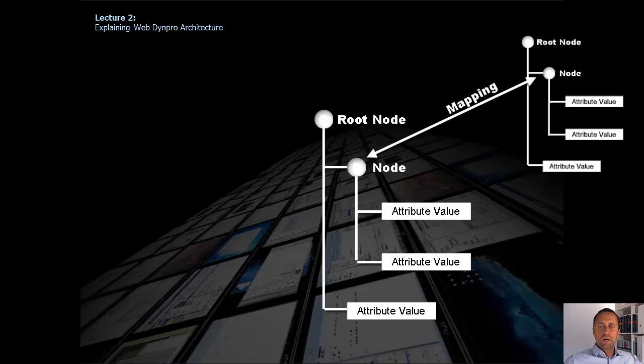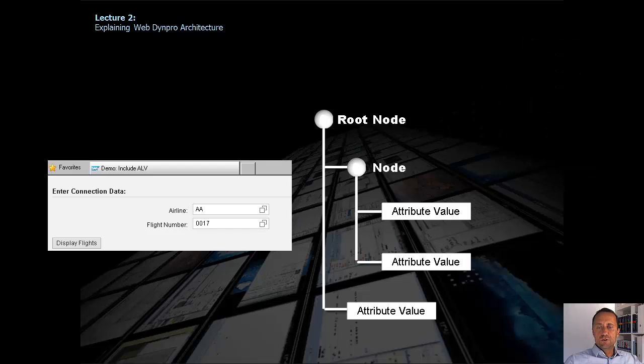Connecting the values of UI elements that allow user input to the context attributes of the corresponding controller is called data binding. By using data binding, you can establish an automatic data transport between the UI elements and the context attributes.